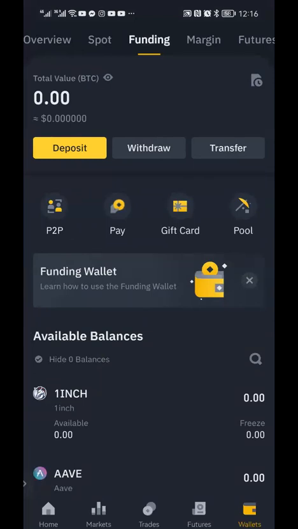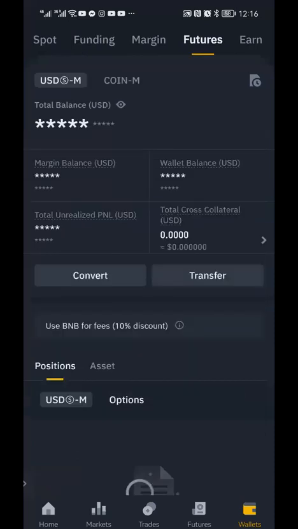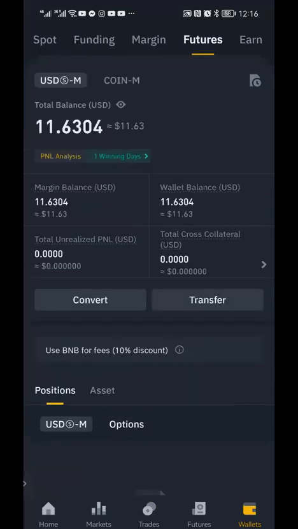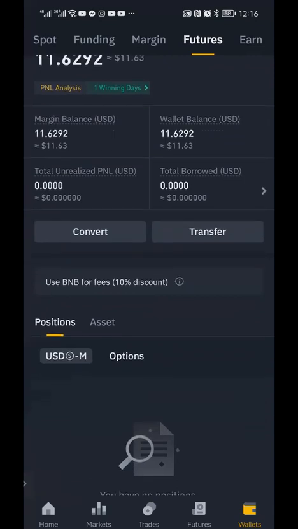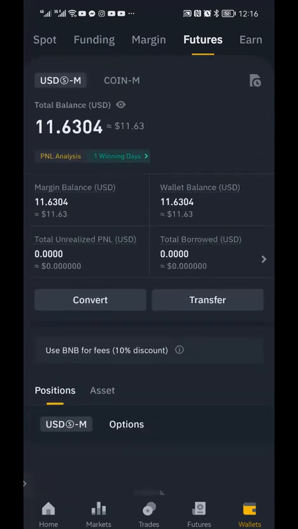So let's see futures. So I have $11.6292 there. And then I'm not transferring it either. I'm not converting it either. All right. So it means that the futures is now set.